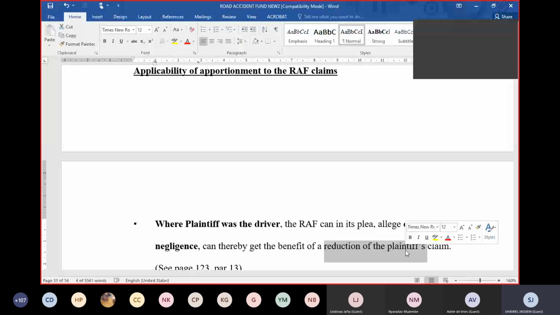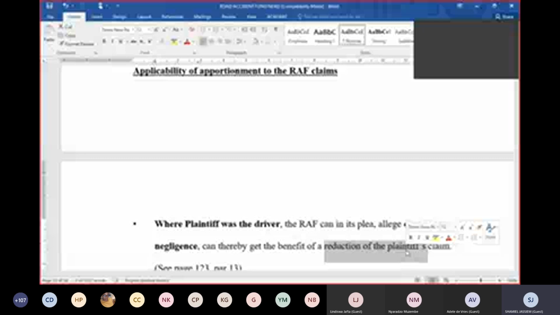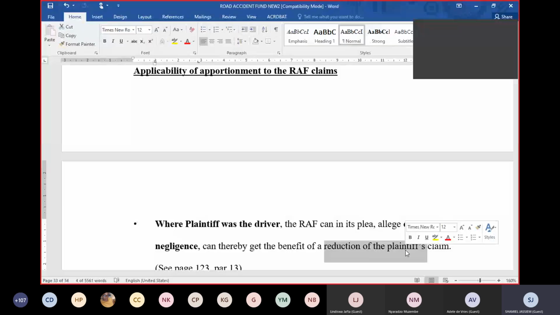If we join her to proceedings, we are facing the same difficult task that she is the plaintiff in her personal capacity, and she is there in a representative capacity on behalf of the second plaintiff, who is a minor child. And if we join her to proceedings, she's either joined as a third party or a second defendant. So joinder is out. In the case for representative capacity, joinder is out. We are only left with the last option, which is a plea for contributory negligence.